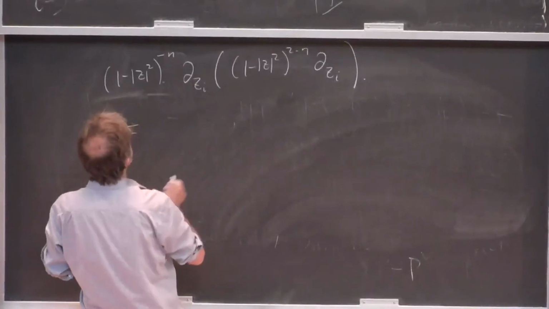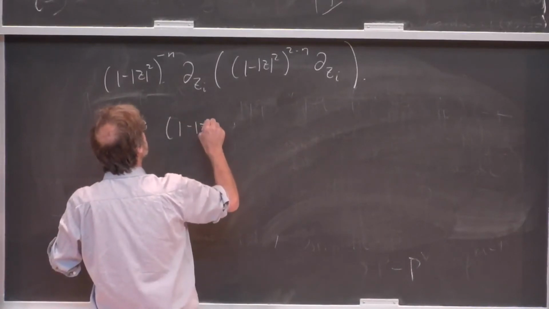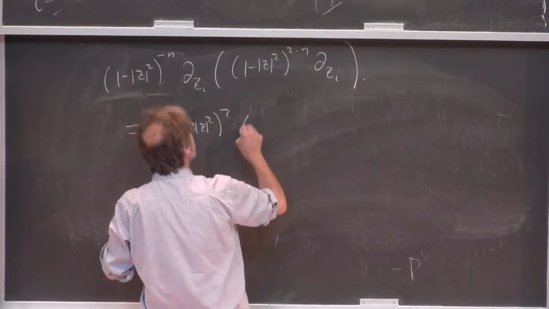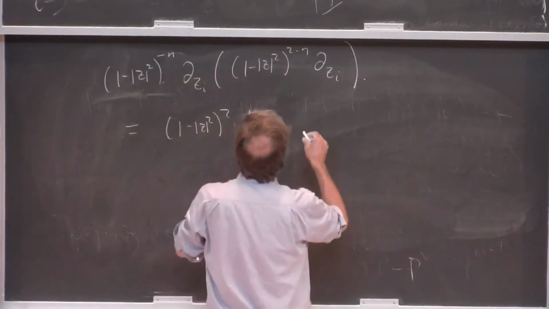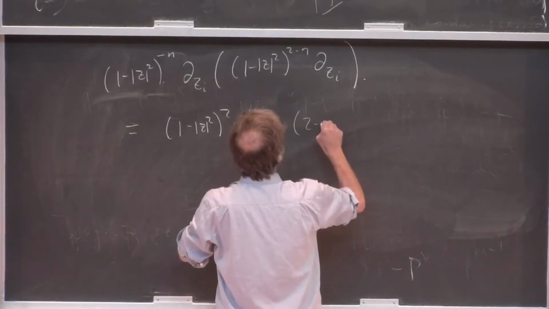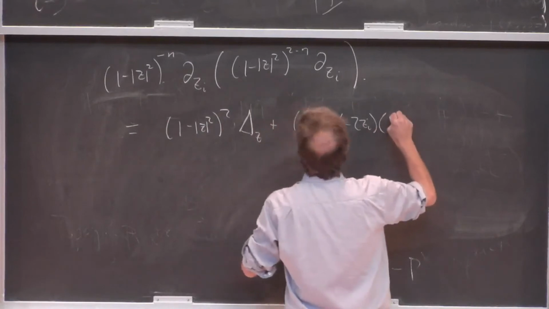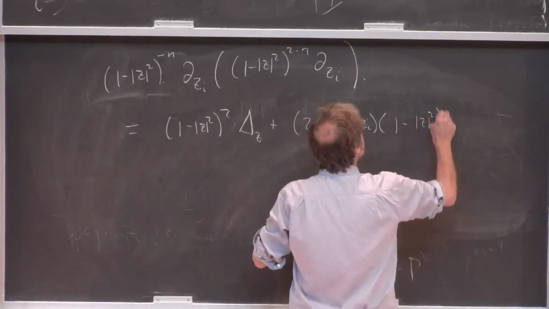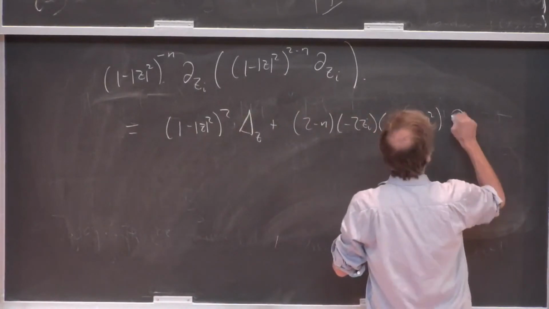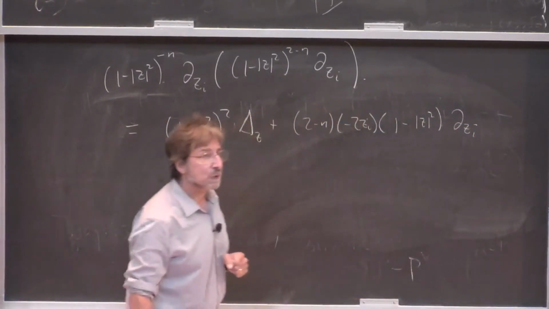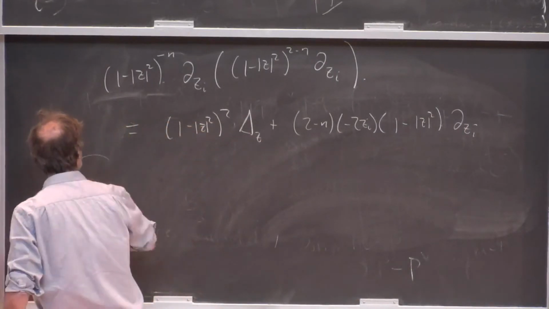So up to a factor of 4 or something, this is going to look like (1 minus mod z squared) times the Laplacian in the z variable, plus this extra funny thing. So I'm going to have (2 minus n) times minus 2 z_i times (1 minus mod z squared) to the 1 minus n and minus n, so that's just going to be to this power, times dz_i.